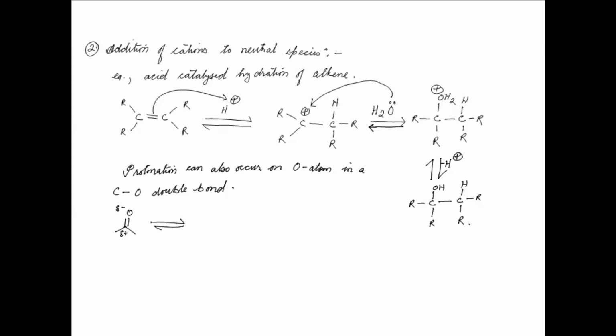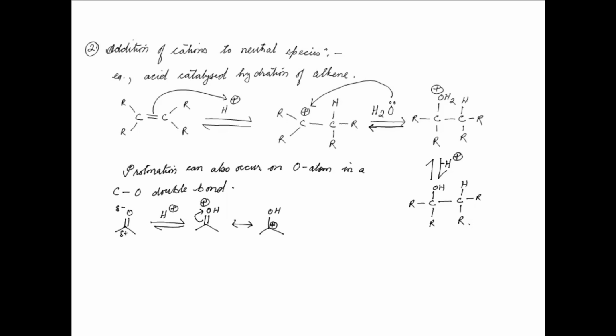So in this case, if you have H plus, then what can happen is that it can generate this type of ion, which can finally neutralize like this to give you OH and a positively charged carbocation.